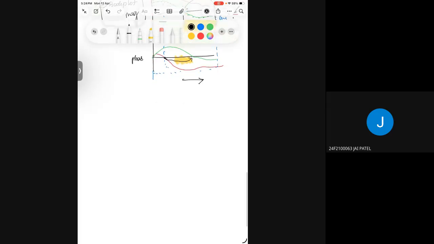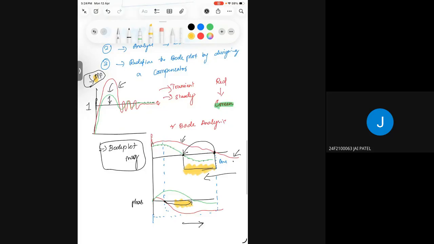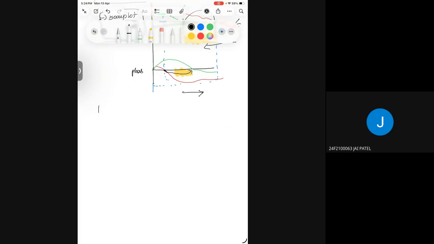As I said before, in this graph there are both issues, right? Transient is an issue, steady state is also an issue. Sometimes only the transient might be the issue. For example, there will be big overshoots, but it will settle at the steady state value or set point properly.